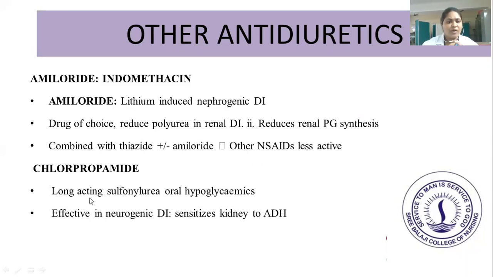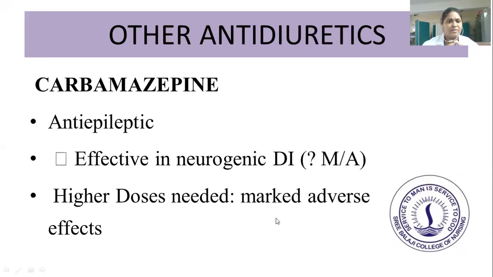Chlorpropamide is a long-acting sulfonylurea, an oral hypoglycemic, effective in neurogenic DI, and it sensitizes the kidney to ADH, that is, antidiuretic hormone. The next antidiuretic drug is carbamazepine, which also has an antiepileptic effect; it is more effective in neurogenic DI and higher doses are needed, but it has some marked adverse effects.